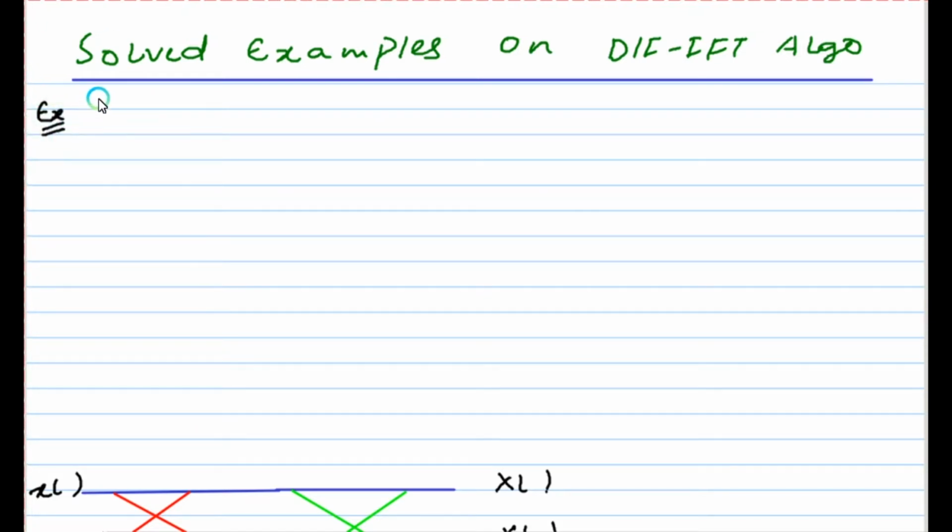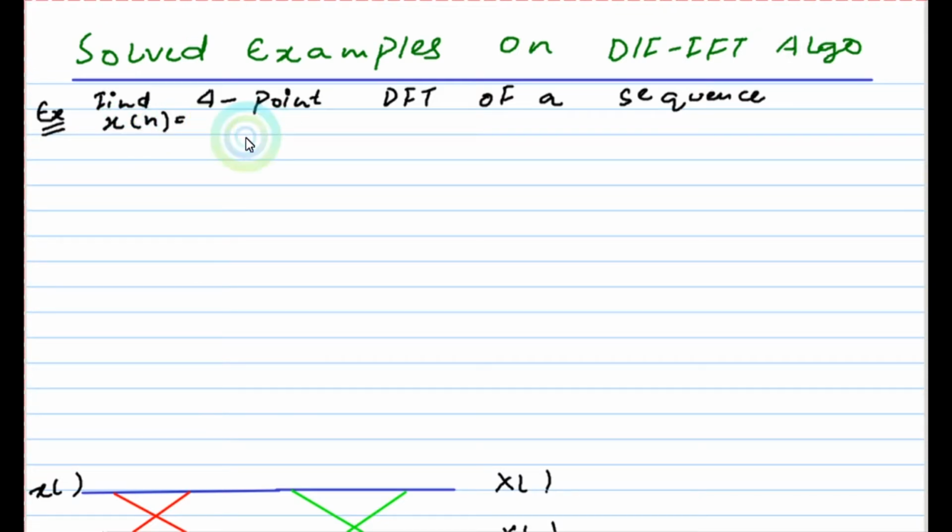The question is to find the 4-point DFT of a sequence x of n, which is equivalent to 2, 1, 4, 3, using the decimation frequency FFT algorithm.